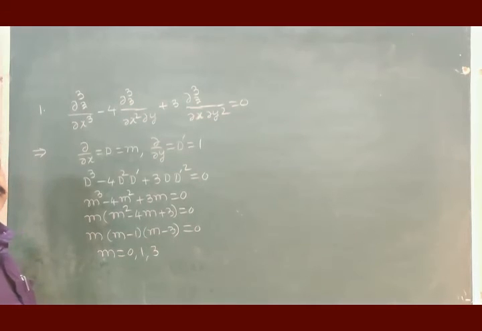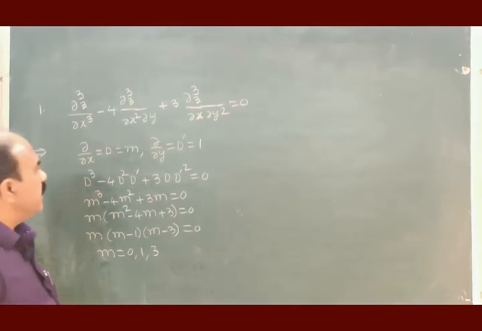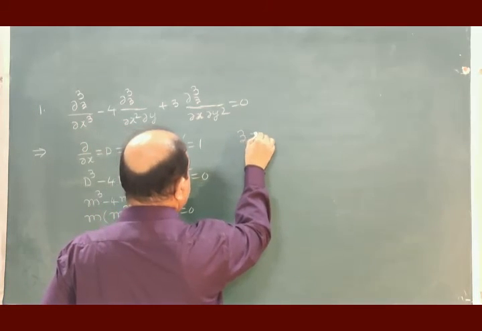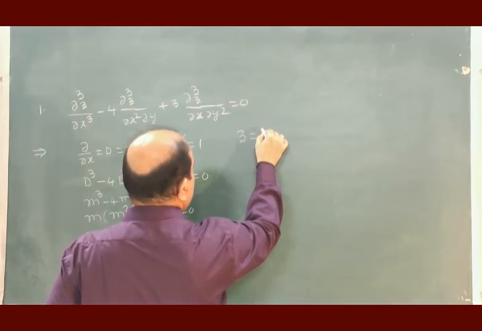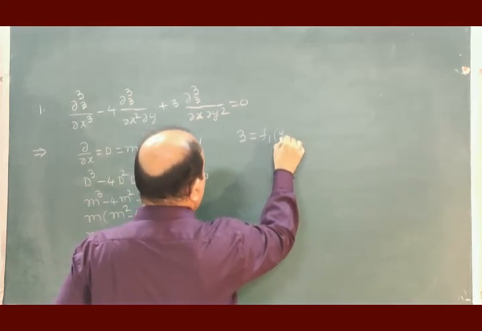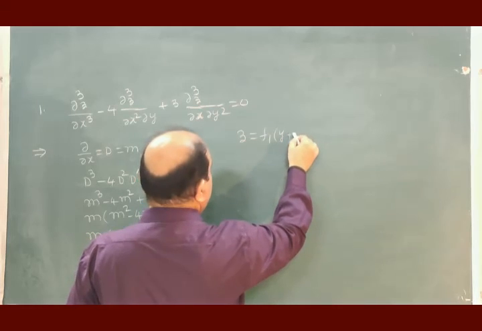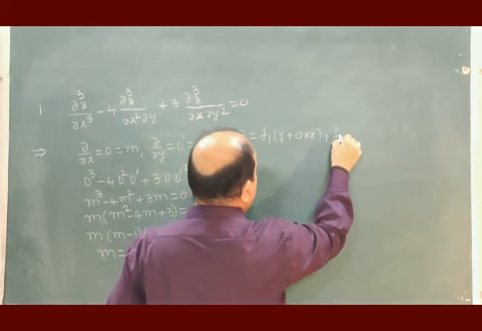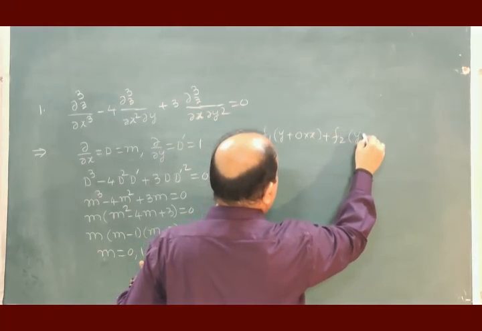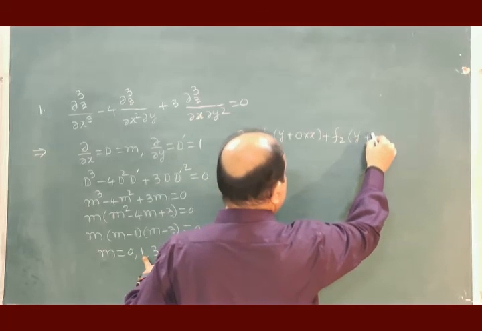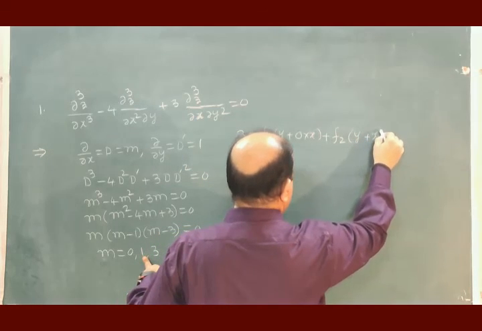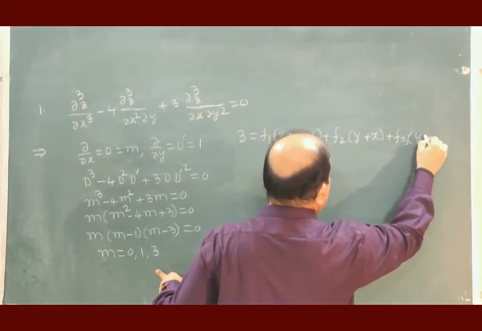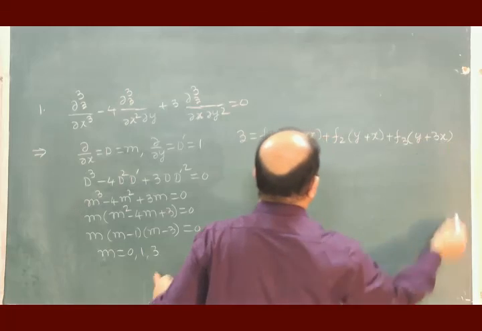Then z is equal to f1 of y plus 0 into x, plus f2 of y plus 1x, plus f3 of y plus 3x.